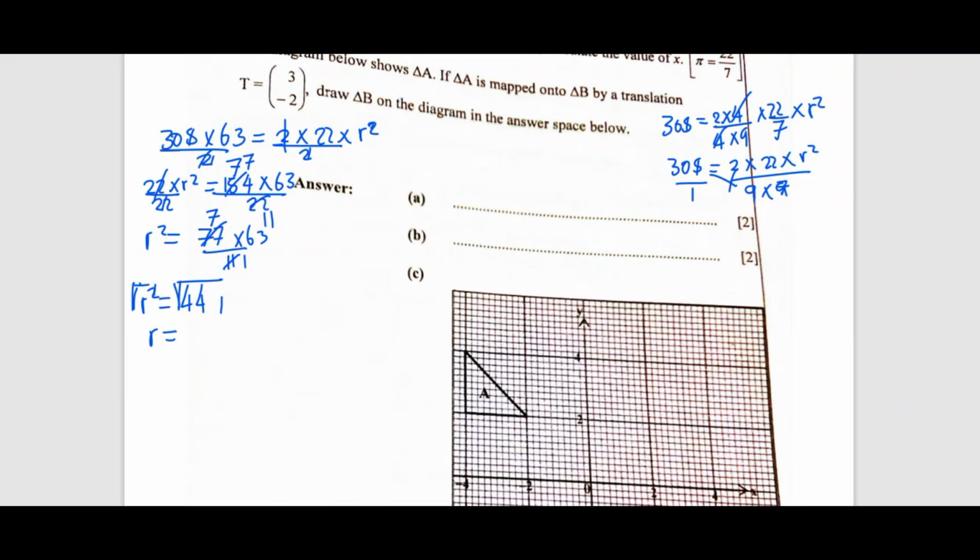So the square root of 441. Let's say 20 times 20 is 400. What of 21 times 21? Let's try 21 times 21. 1 times 1 is 1, 1 times 2 is 2, 2 times 1 is 2, 2 times 2 is 4.